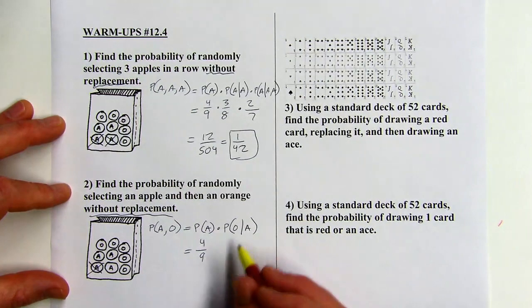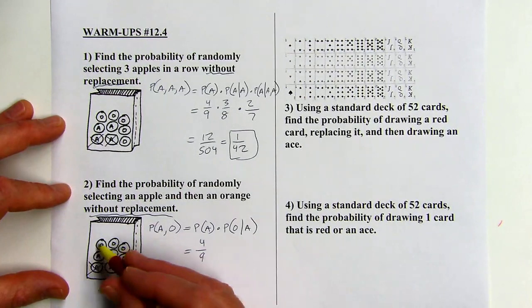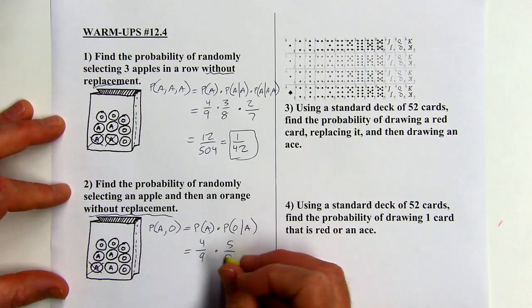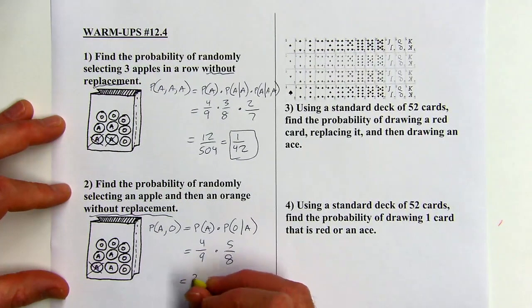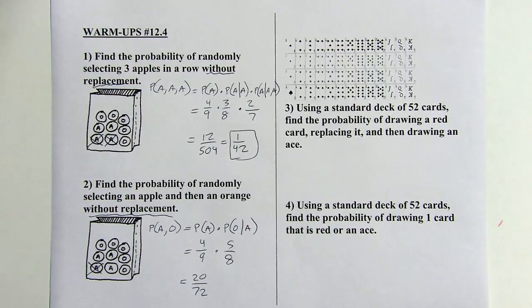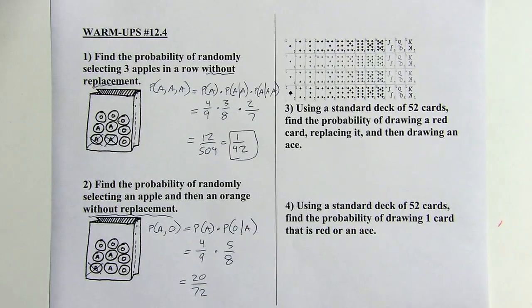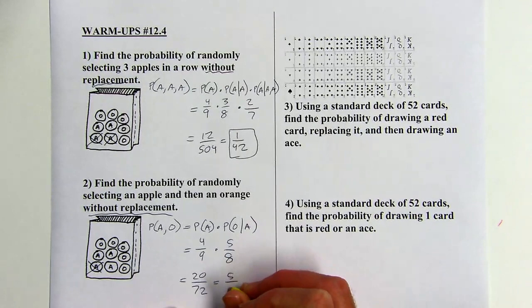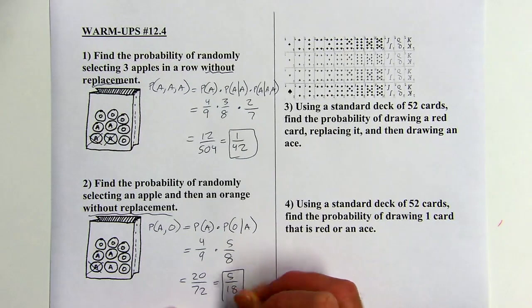Now we've got, let's see, 1, 2, 3, 4, 5 oranges, and there's 8 total pieces of fruit left. So then I've got 20 over 72. Let's go ahead and reduce that. That's going to reduce to 5/18. You can divide the top and bottom by 4.